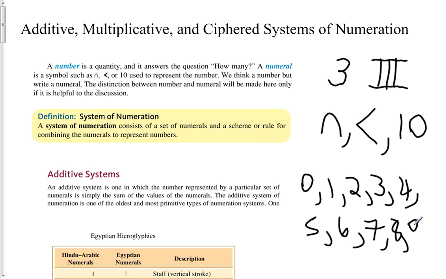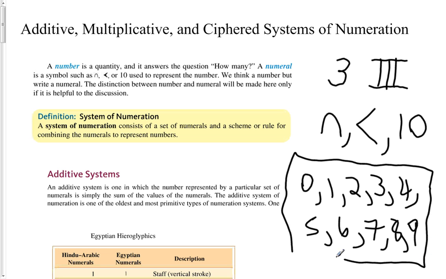We use these in our Hindu-Arabic system, and different combinations of these to represent all numbers. So that would be the system of numeration that we use. By combining these numerals, we can represent any number.